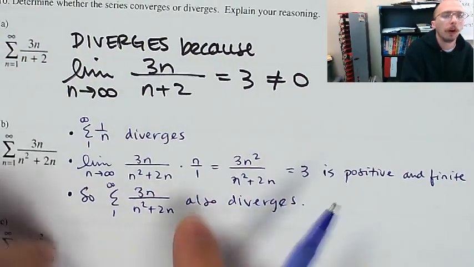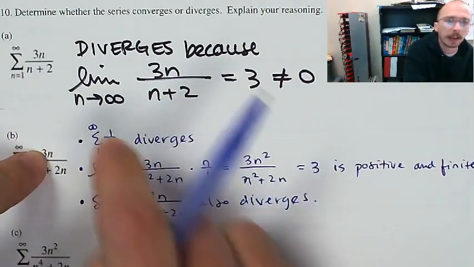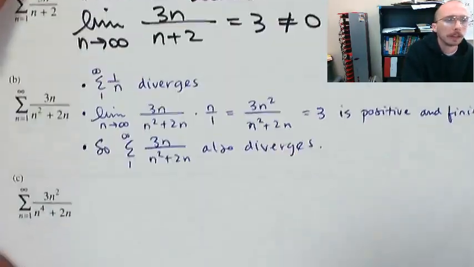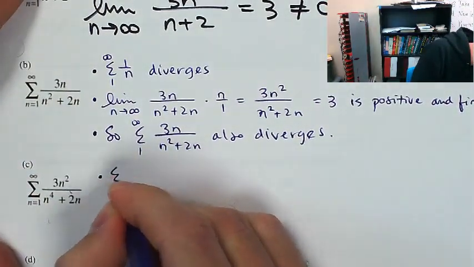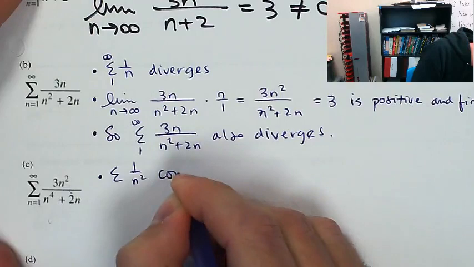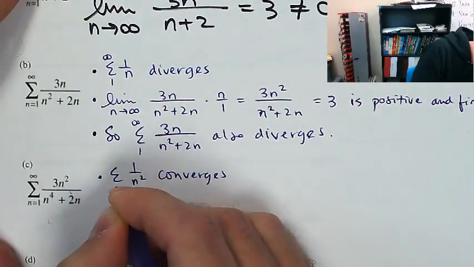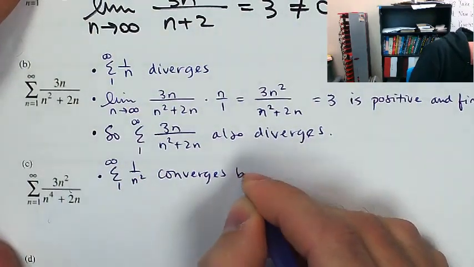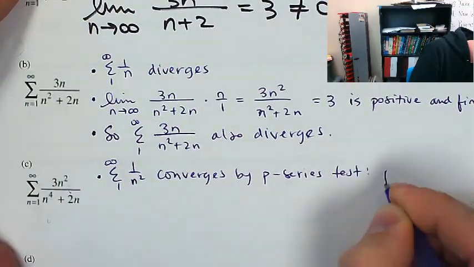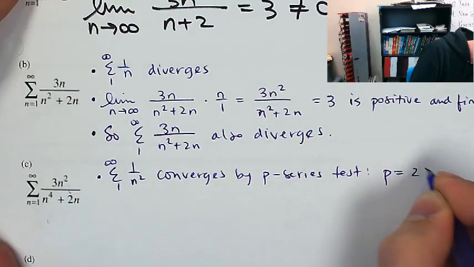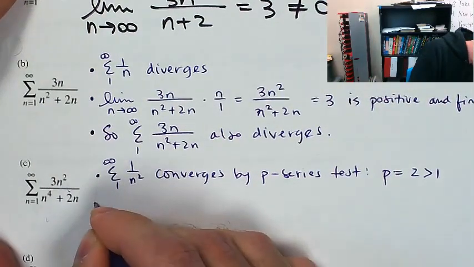Limit comparison test is only good for showing that this thing does the exact same thing as what you have in mind. This one is going to converge because it's bigger on bottom by 2. Same process: 1 over n squared converges because it's a p-series, with p equal to 2, which is bigger than 1. Now I'll compute the limit.